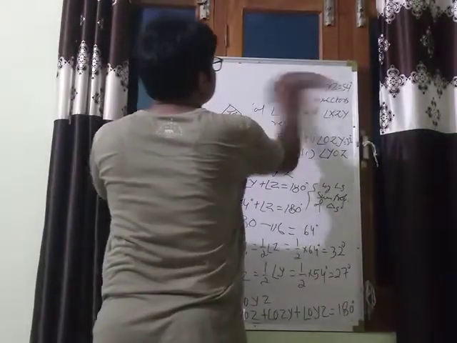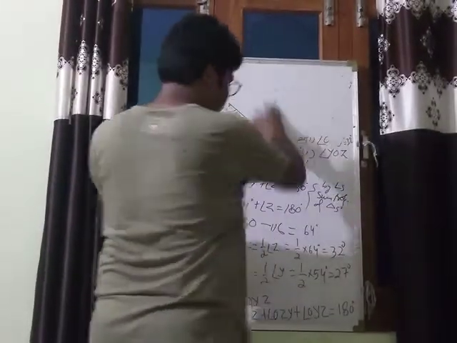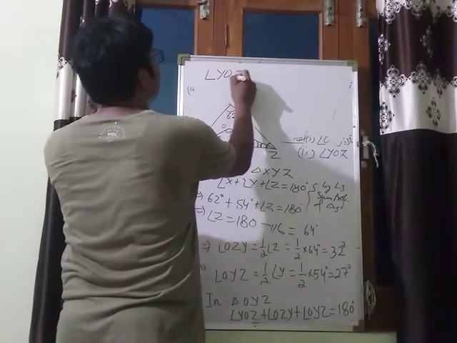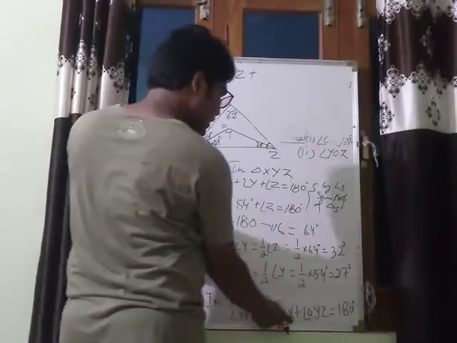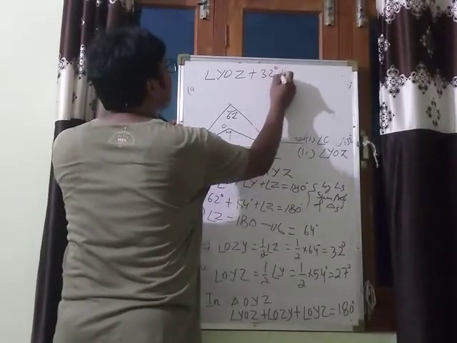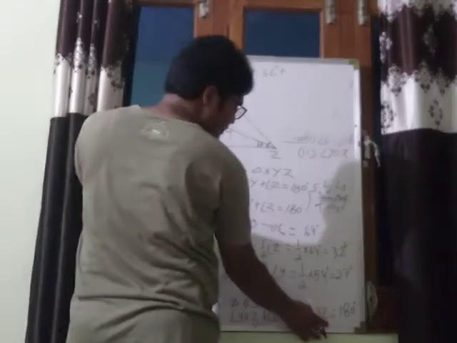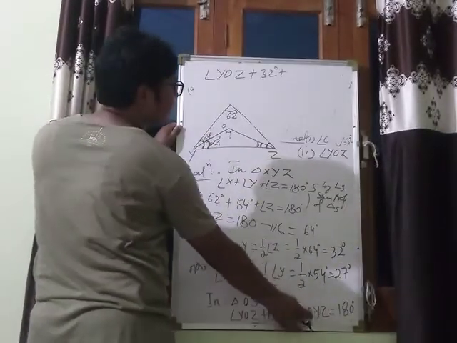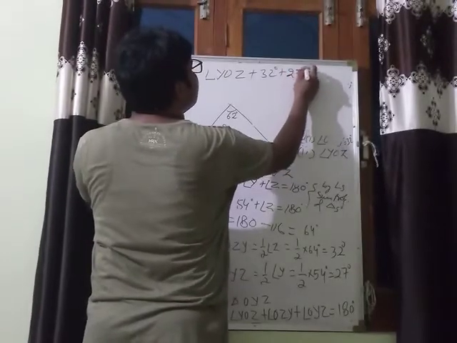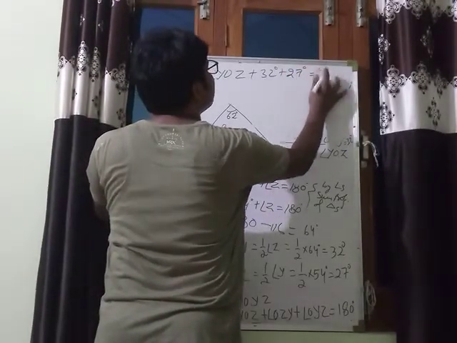So from here, we want to find out YOZ plus this OZY. OZY is equal to 32 degrees, plus OYZ, and you can see this OYZ is equal to 27 degrees, that is equal to 180.